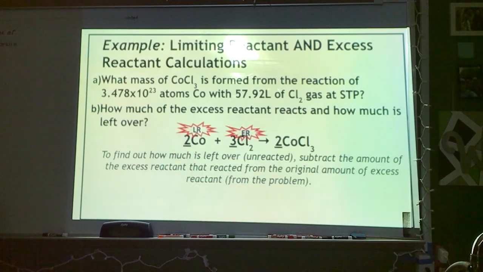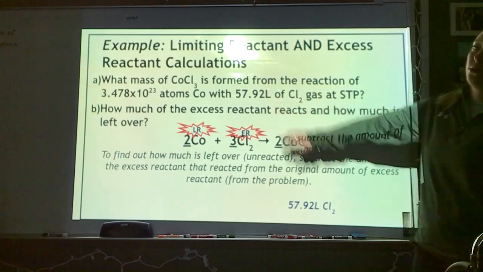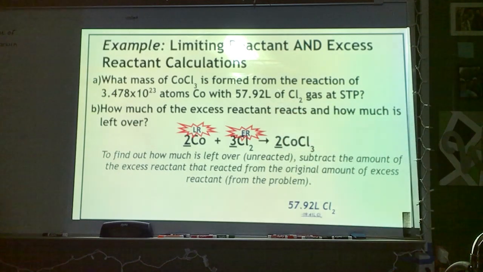All you have to do is use the amount given to you in the problem, because that's how much we had in total. Use what you just found as the amount that we used in the reaction, so 19.41. Subtract those two numbers, and we get 38.51 liters of chlorine. So that means we have 35.41 liters of chlorine left over.